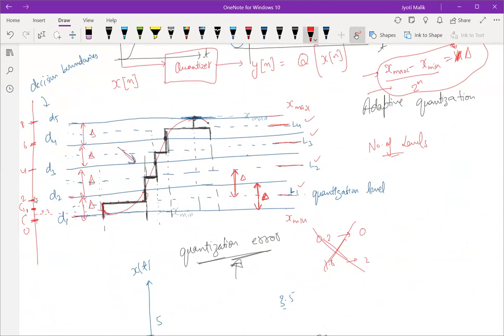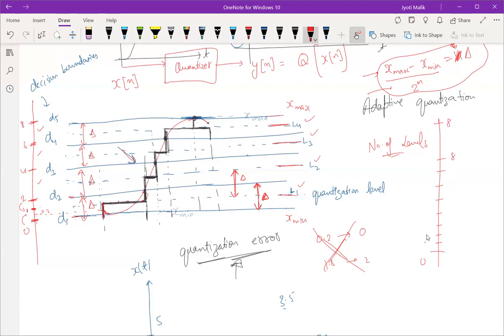Now this range is divided into 8 parts instead of 4 parts. So what will happen due to this? 0, 1, 2, 3, 4, 5, 6, 7, 8.